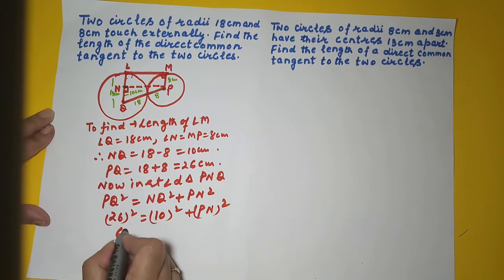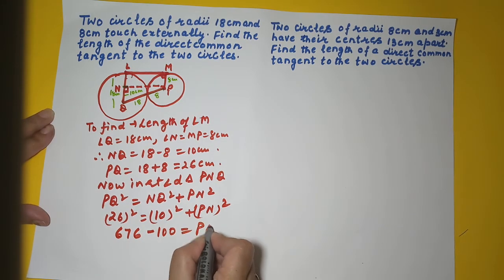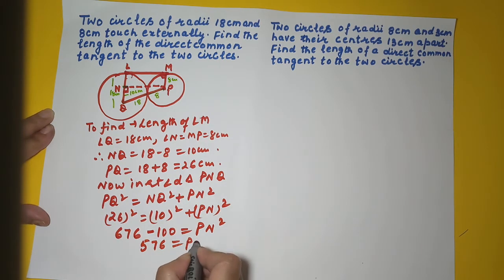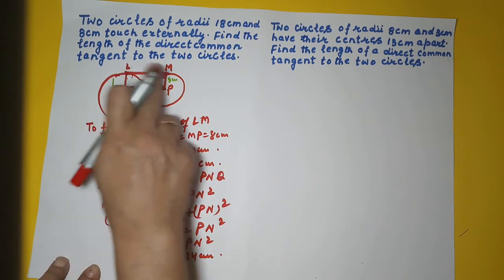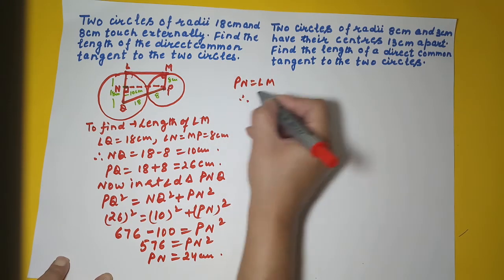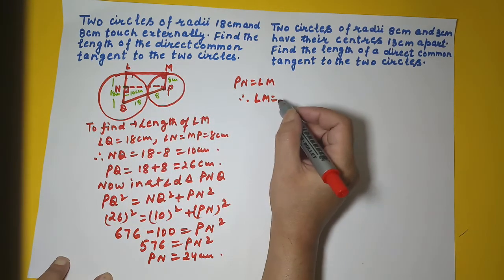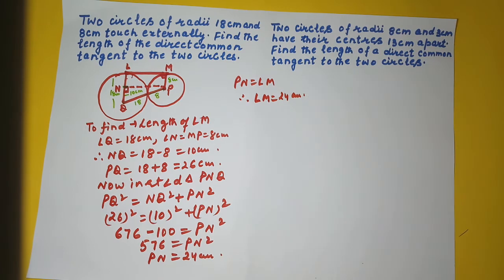So 26 squared becomes 676 minus 100 equal to PN square. So 576 is equal to PN square. So your PN becomes 24 centimeters. You got the PN. But you know that PN is equal to LM. Therefore, length of the common tangent to these two circles is 24 centimeters.